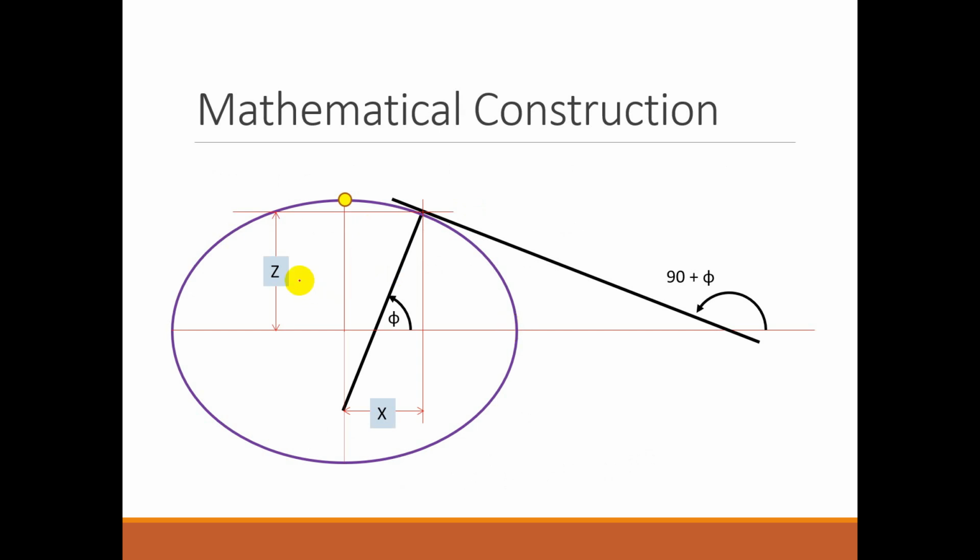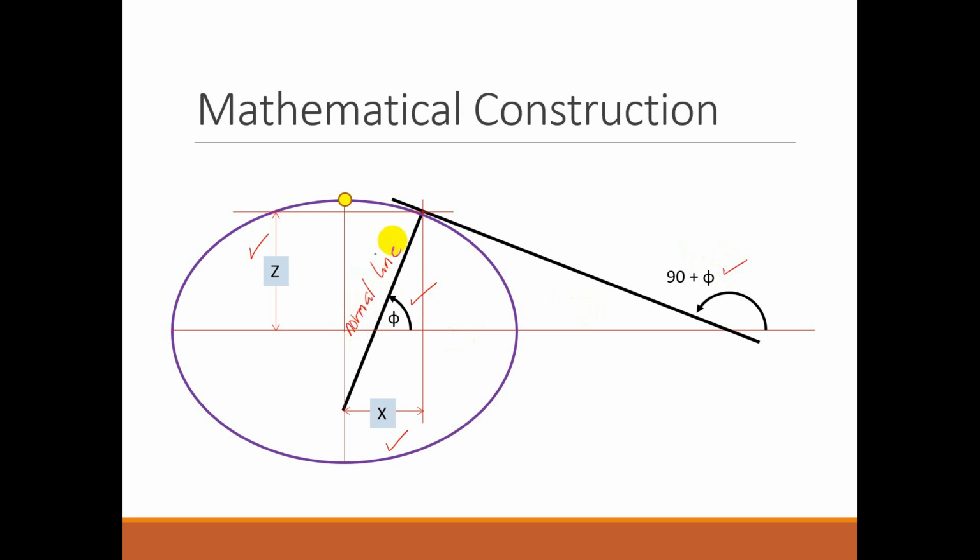So this is the side view of the 3D figure in the earlier slides. This is the z coordinate, the x coordinate, the latitude or phi, 90 plus latitude or 90 plus phi, and this one, the normal line.